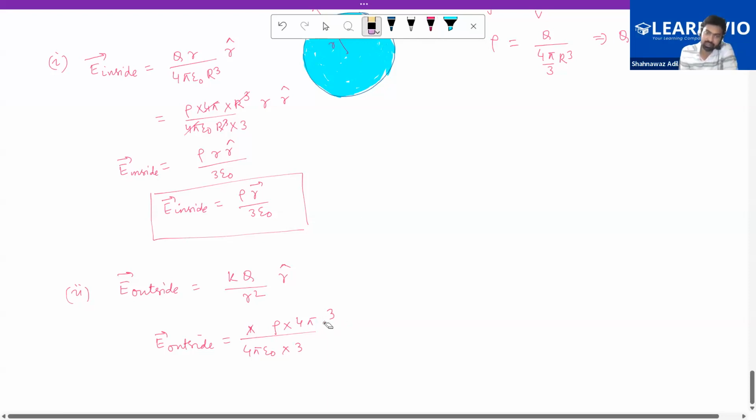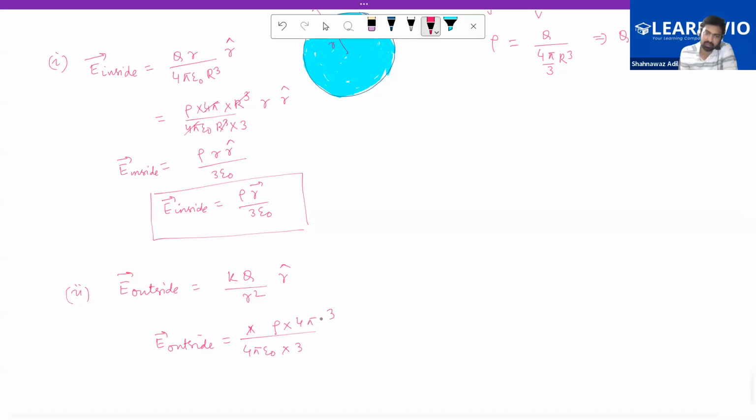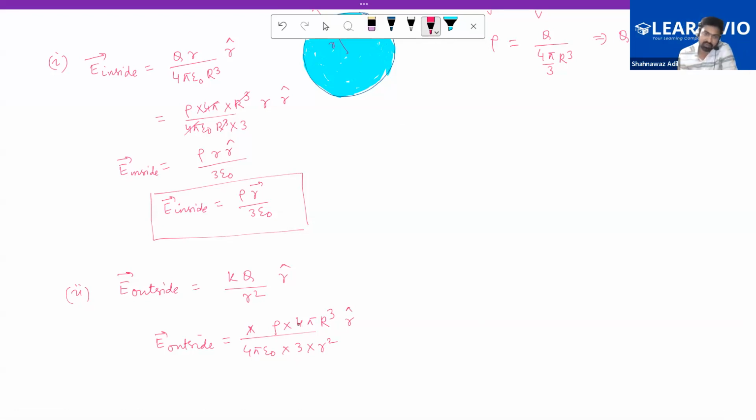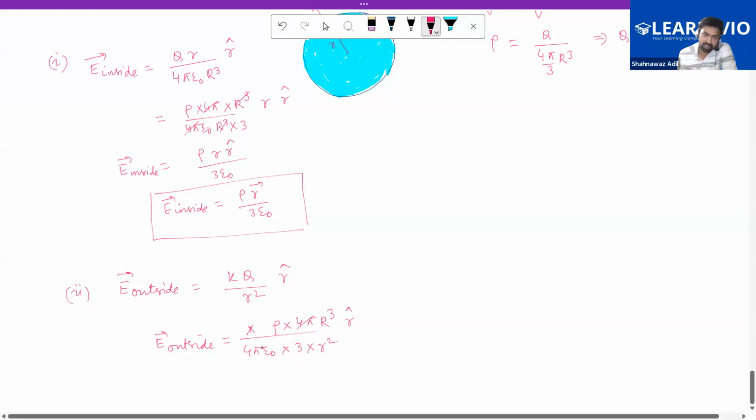And then we have this capital R. What are we missing? So this is R. Did we miss anything? So this cancels, this cancels, and this would be rho R cube divided by 3 epsilon naught R square, but I have to write this as a vector.